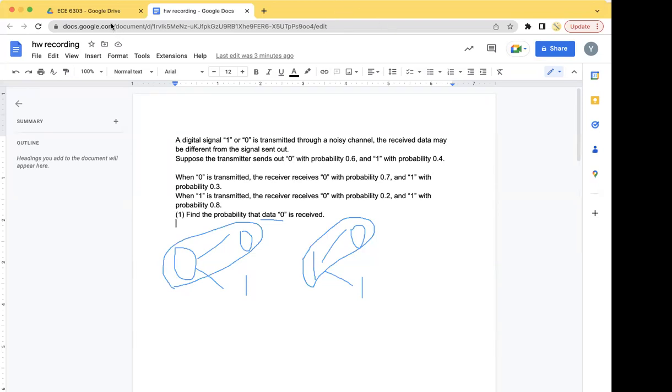Now we can write the equation based on these two diagrams.